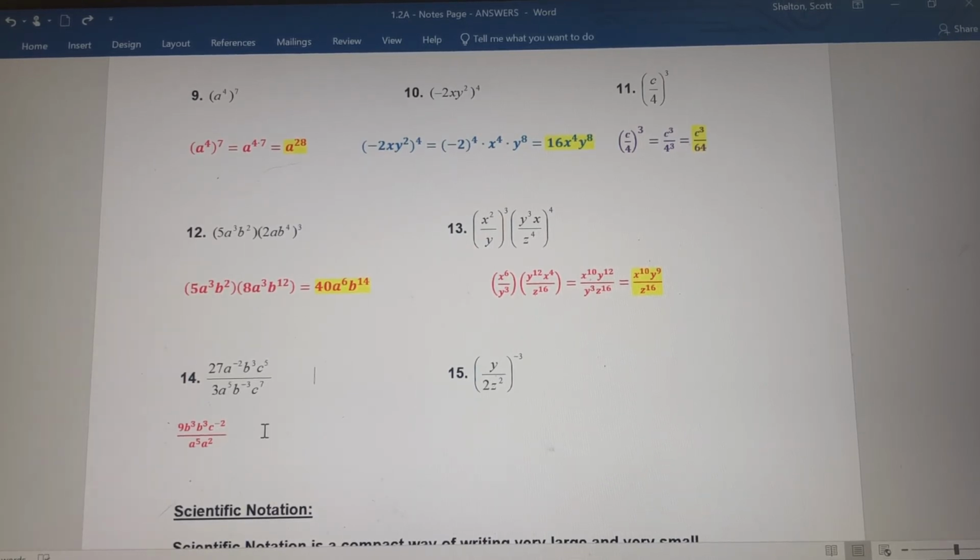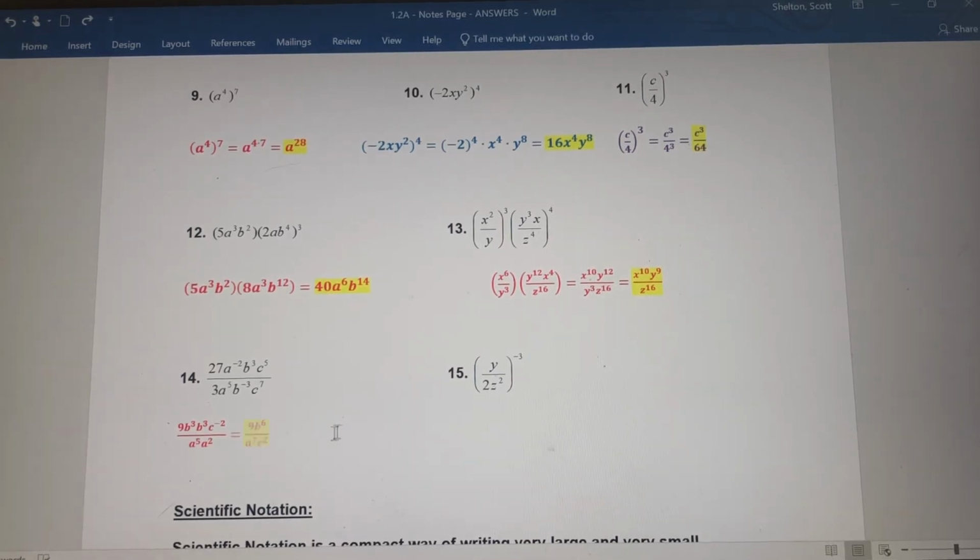So there's 3 things I have to do to finish simplifying this. The 9 is done. There's nothing else I can do with that 9. In the numerator, these b cubed, I can add those exponents and get b to the 6th. This c, because it has a negative exponent, needs to move through the fraction to the denominator and become c to the positive 2. And these a expressions here, they have the same base, so I can add those exponents, and get positive 7.